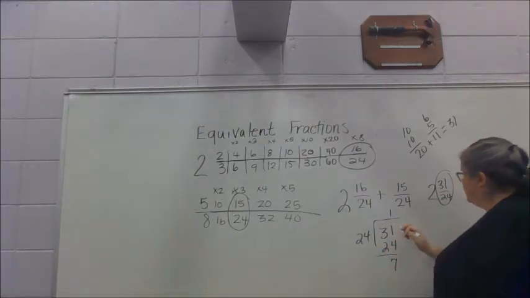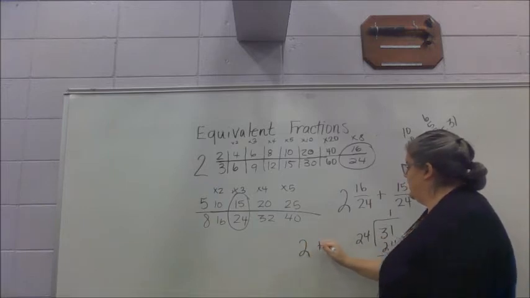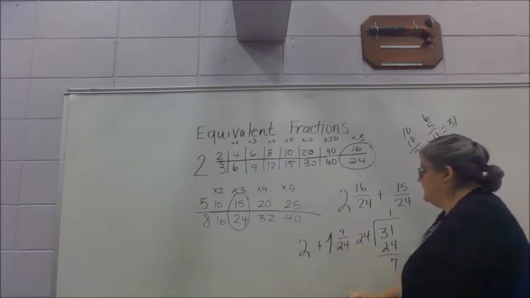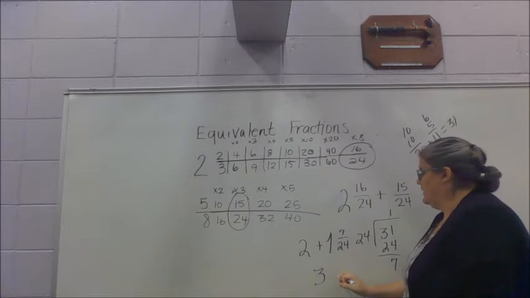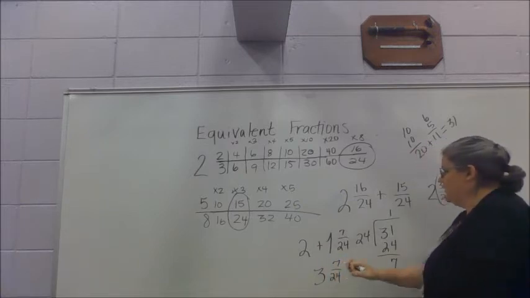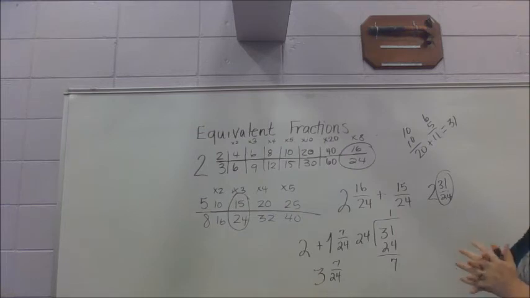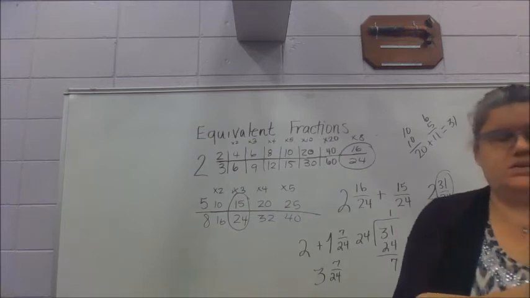So this part is equal to 2 plus 1 and 7/24. So the entire answer there would be 3 and 7/24 if I were indeed adding those together. But you have to find that common denominator to add those together. So that's just my quick little way of finding equivalent fractions.